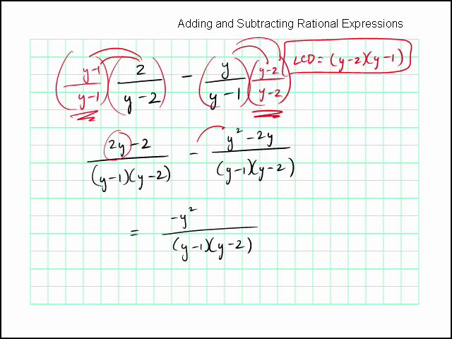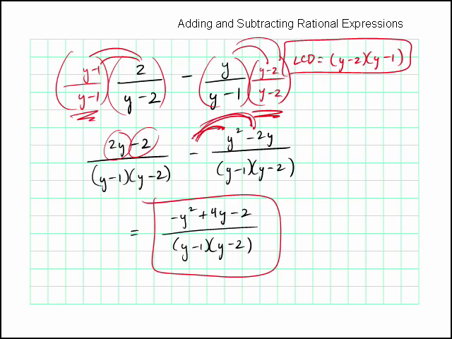We've got a 2y, that's plus a 2y, which is 4y. Plus 4y. And then we have also minus 2 right here. Minus 2. Okay, so remember you have to distribute that negative sign there and then combine your like terms. Nothing reduces here, and so this is my solution.